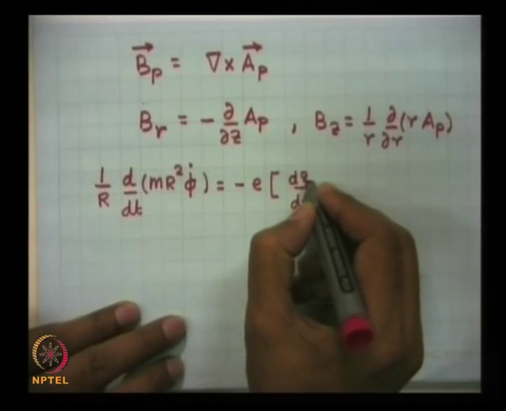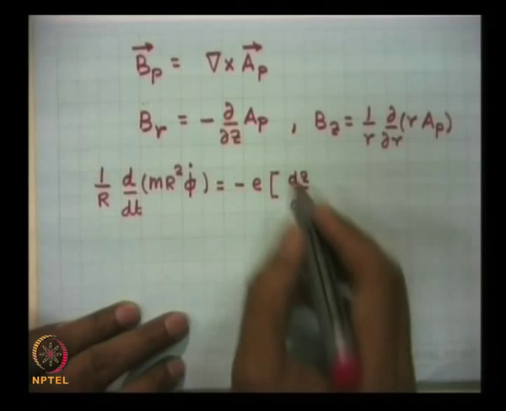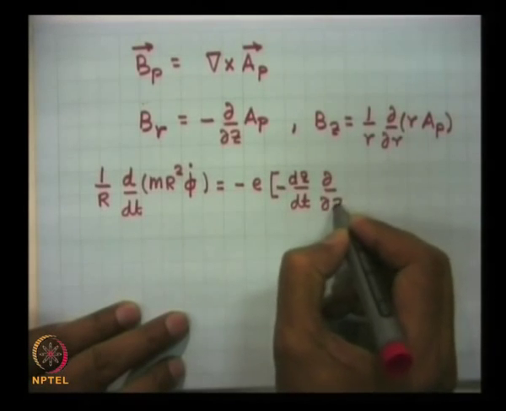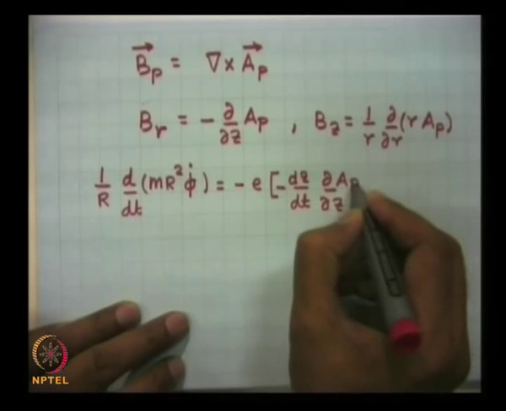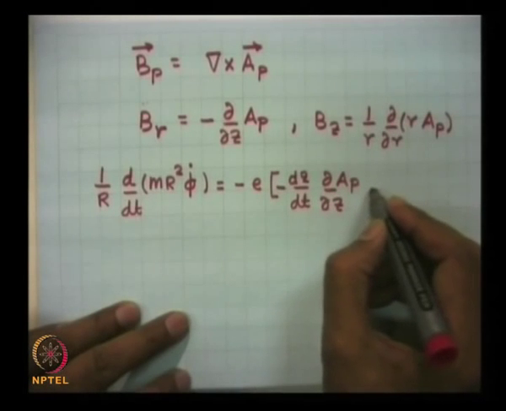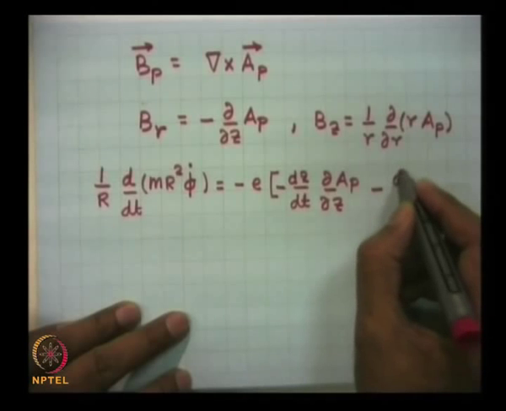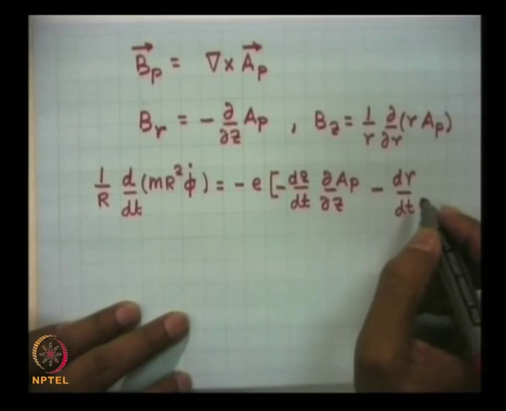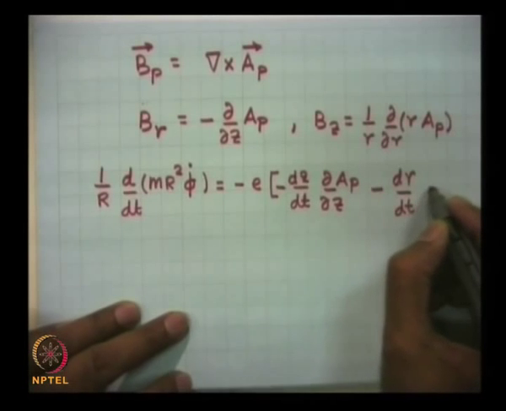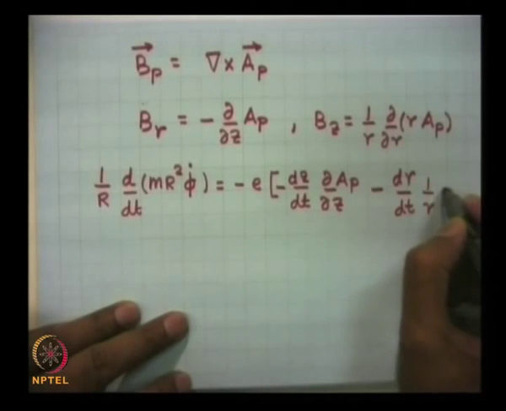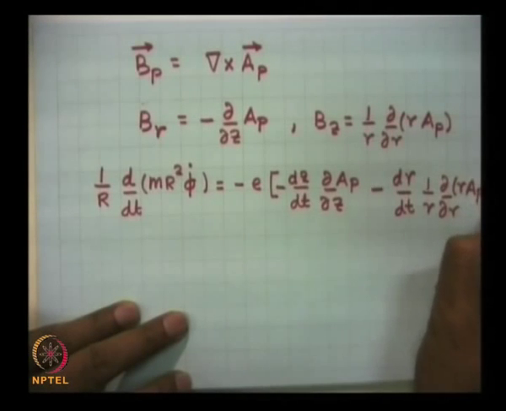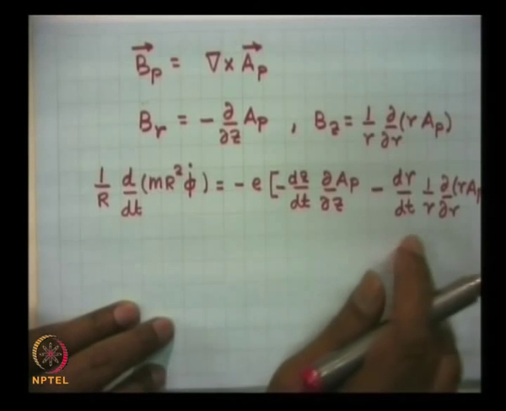This is my Vz into Br, which is this quantity, minus delta by delta z of Ap. Then I have minus Vr, which I write down as dr by dt, multiplied by Bz, which is this term. So, it becomes 1 upon R delta by delta R of R AP. This is what I get.